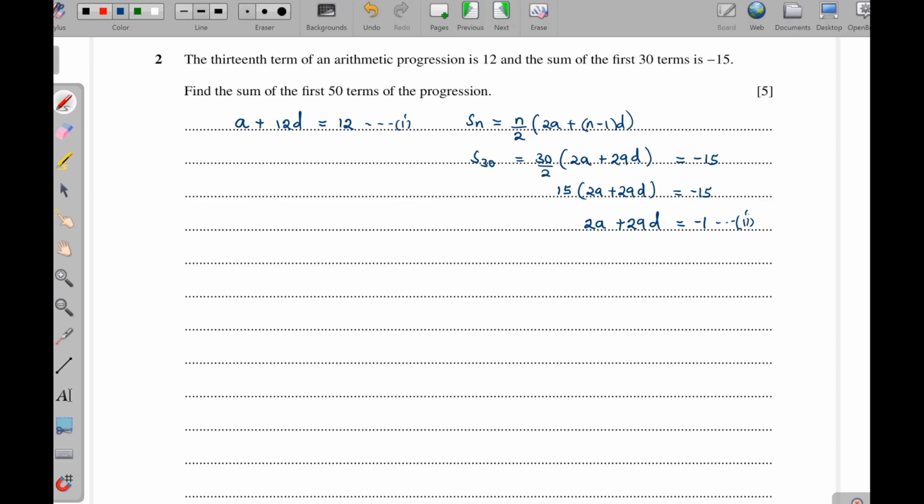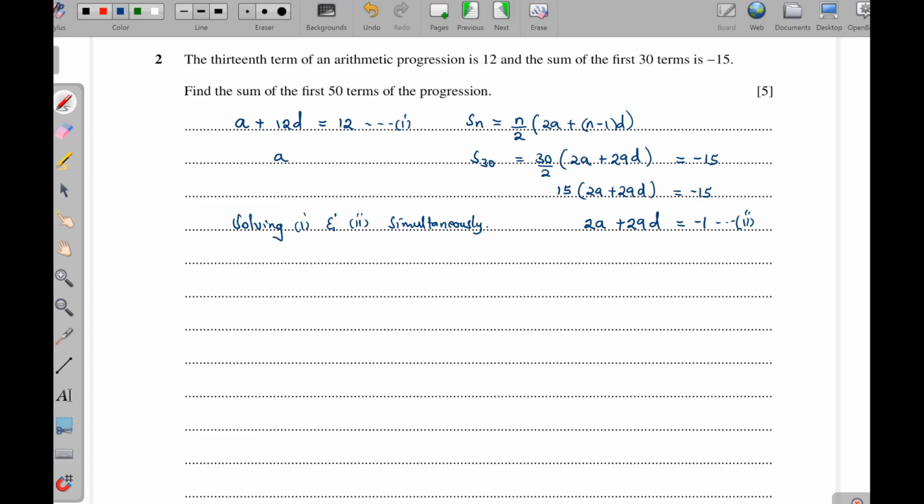Okay, so now we solve the two equations simultaneously. What do we get? Now, which method can we use? You can use elimination, you can use substitution.